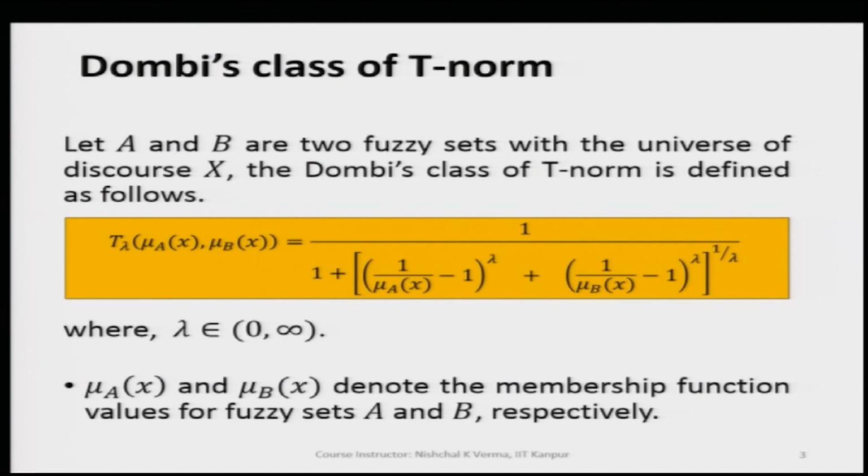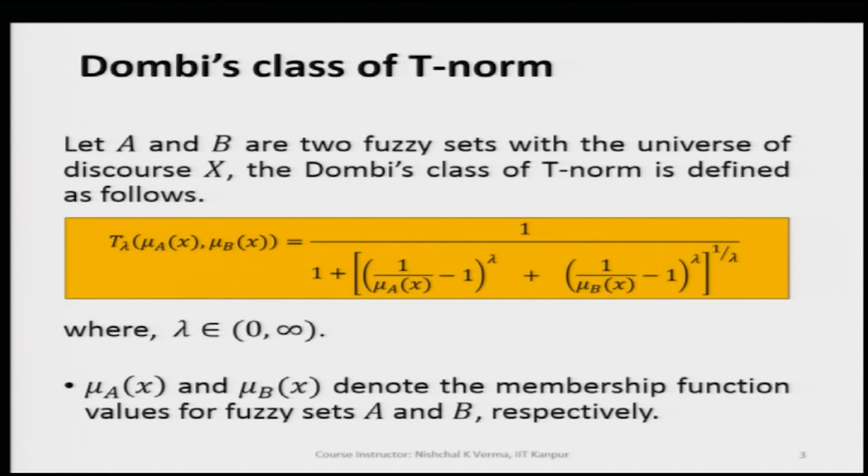So, Dombi's class of T norm is defined as T lambda of mu A of x and mu B of x. Here T lambda is for Dombi's class, and this lambda is a parameter, so this will appear on the right hand side.